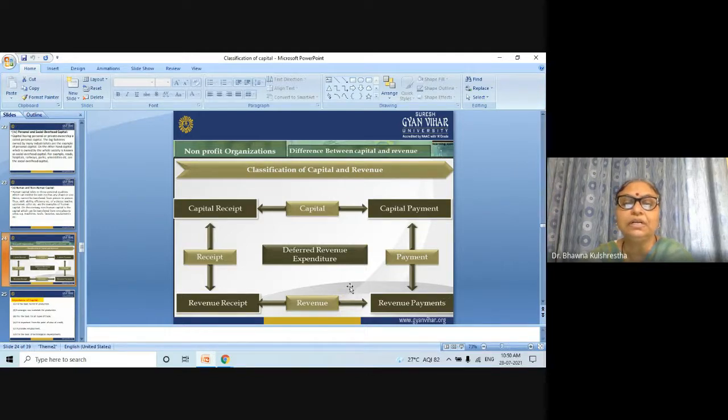These are the classification of capital and revenue.